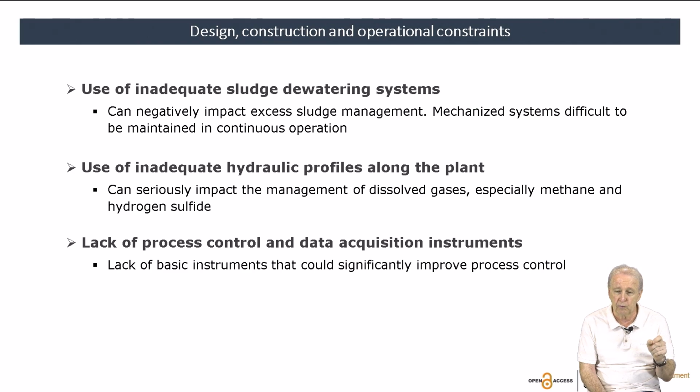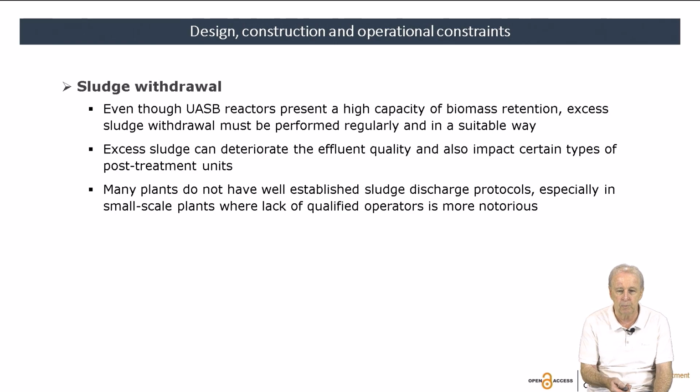This valve should be open for a certain time, for instance, 2 minutes every 3 days a week. This process could be automated using mechanized valves, but usually the valves that are used are manual ones and cannot be automated, of course.